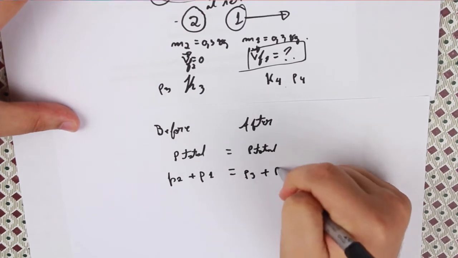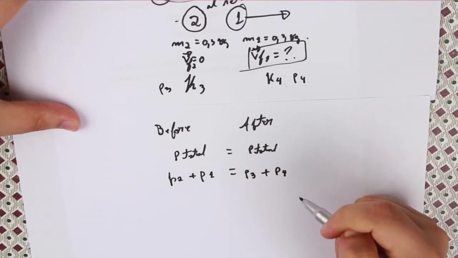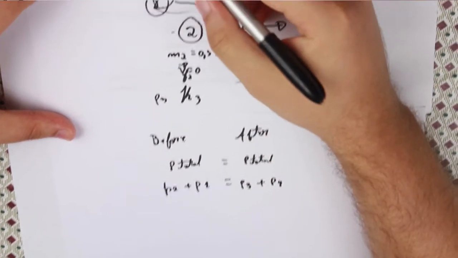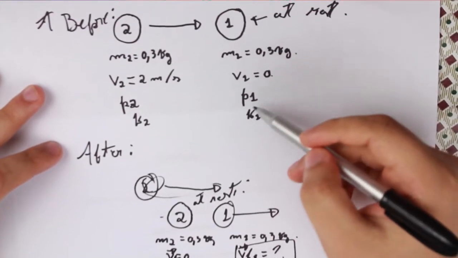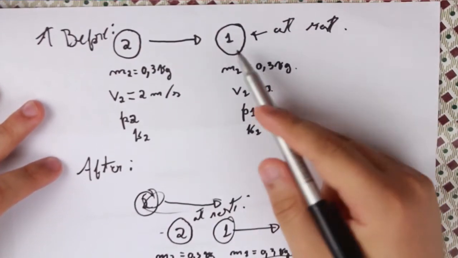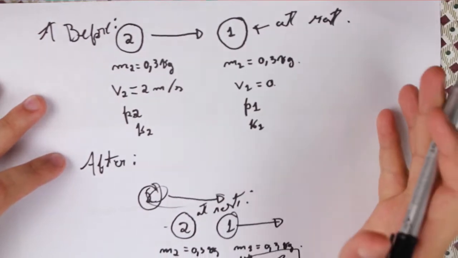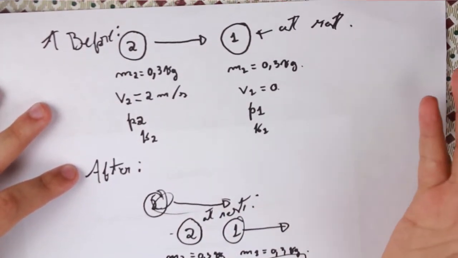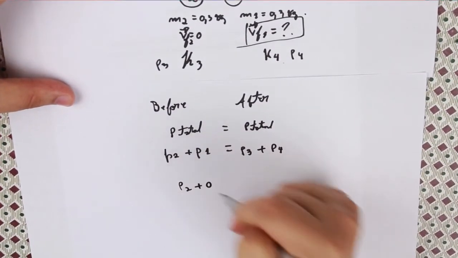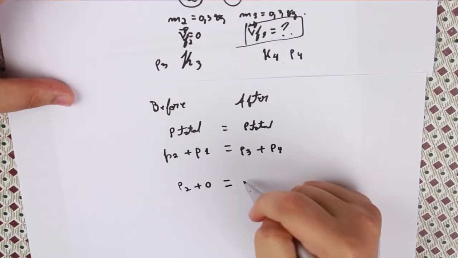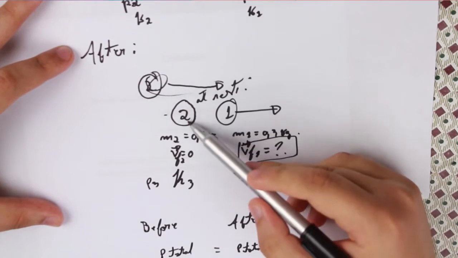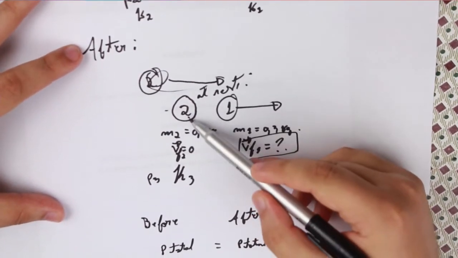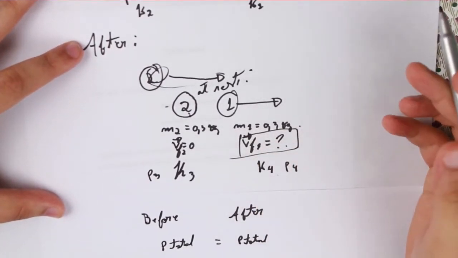P3 plus P4. Right. The P1 before the collision is 0 because ball 1 didn't have a movement. If it didn't have movement, there's no energy. So P2 plus 0 equals, as you see here, ball 2 after the collision has no movement, so it has no energy.